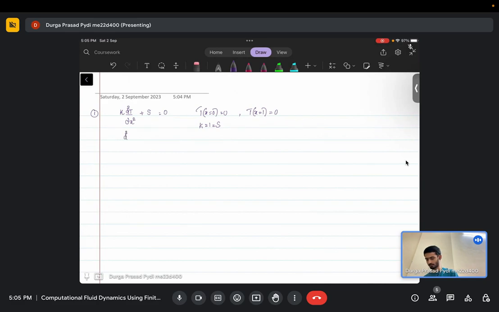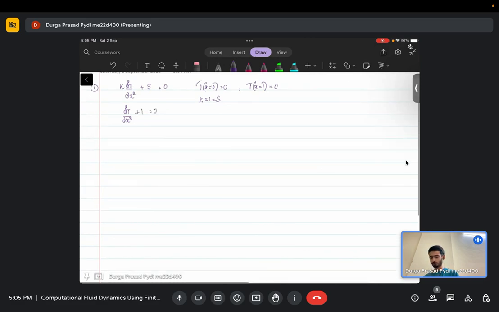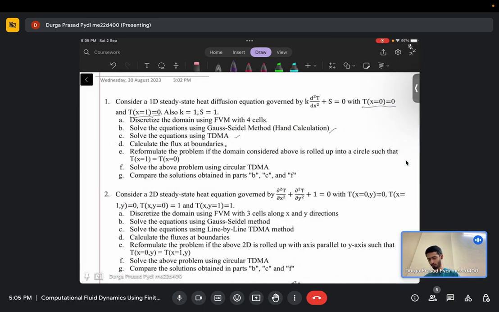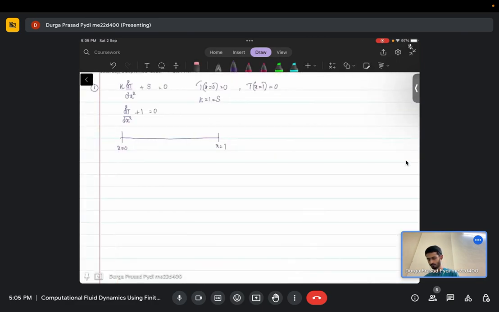So you just have the normal equation. This is pretty straightforward to solve, so we will just consider two cases. Like we have been discussing previously, this is our domain. We can discretize in two different ways. It asks about 4 cells.